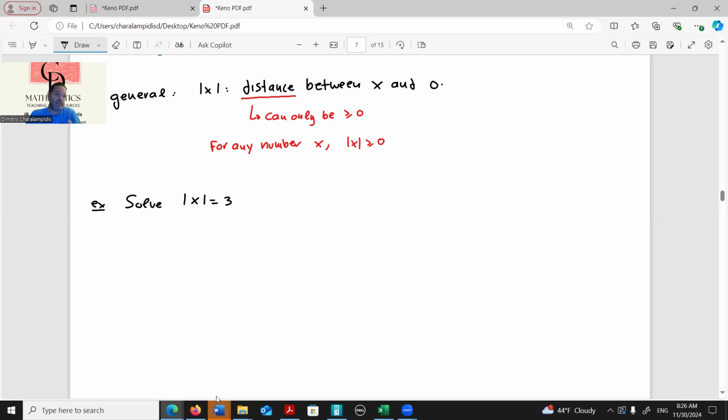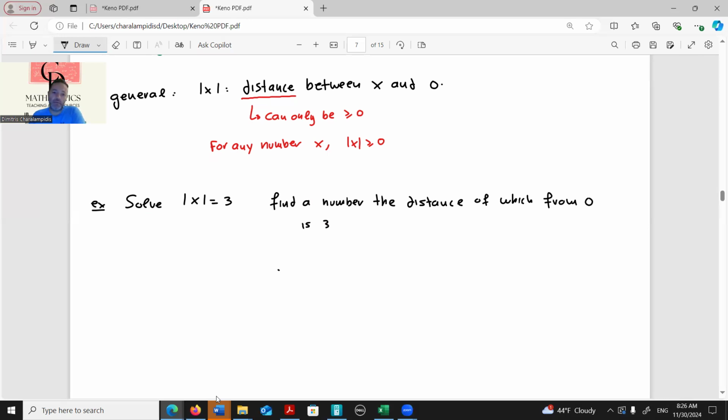So when we write something in math, we should always be able to interpret it in sentences, in wording. Absolute value of x equals 3 means find a number, the distance of which from 0, because that's what absolute value stands for, is 3.